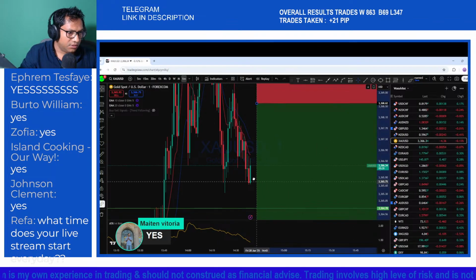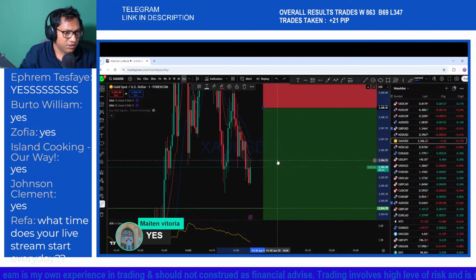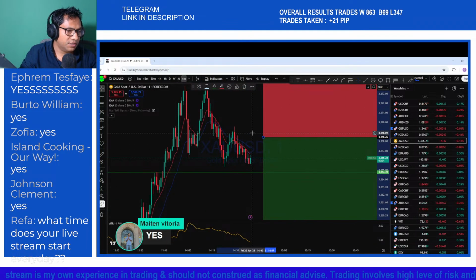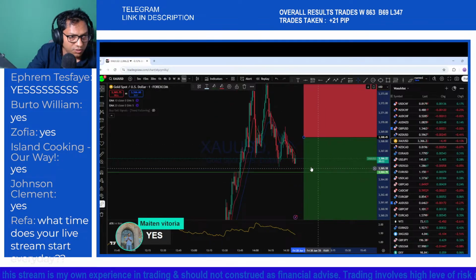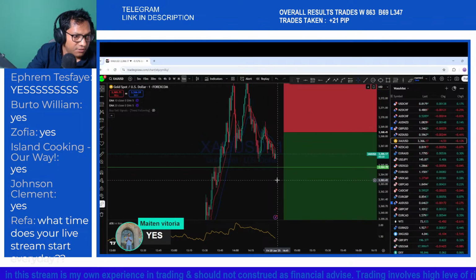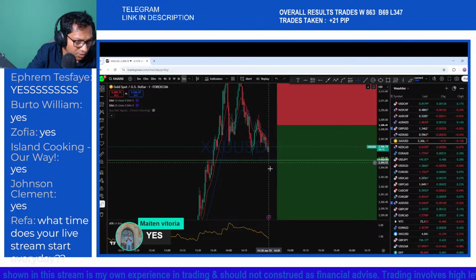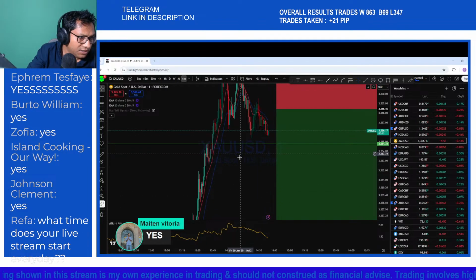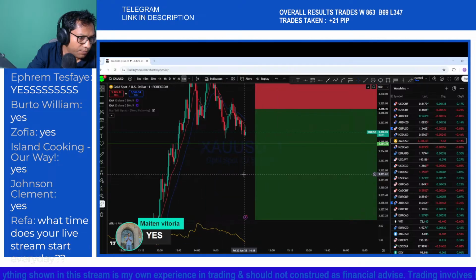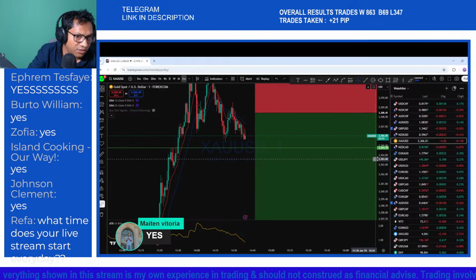Now this is the zone where we can see the price consolidate, and if the market managed to break below this support level here, there isn't any stronger support, so it might have a drop in that direction.